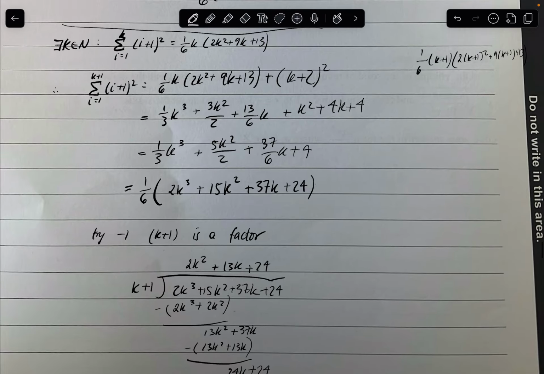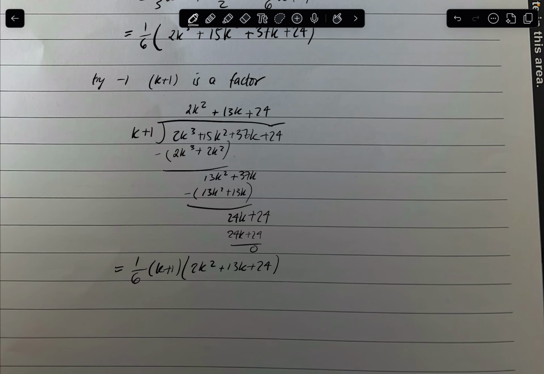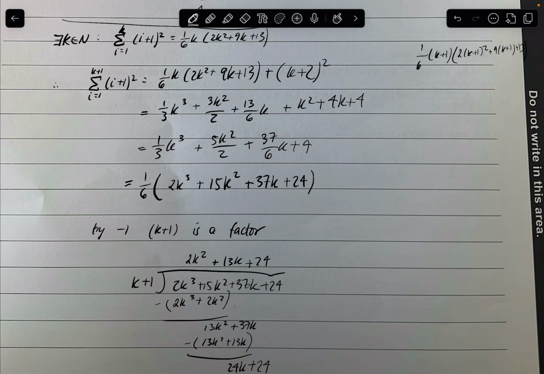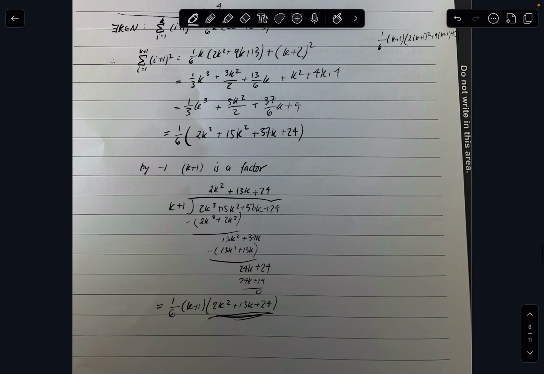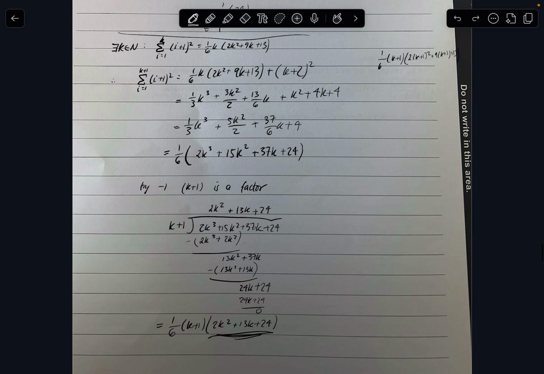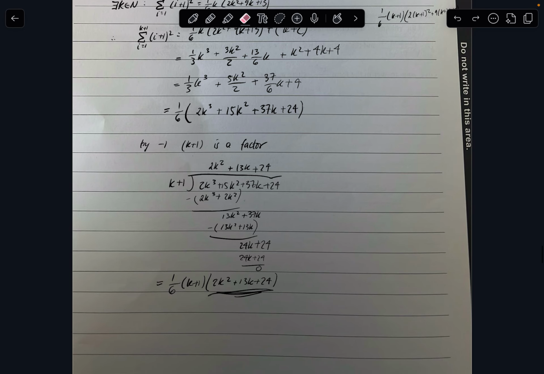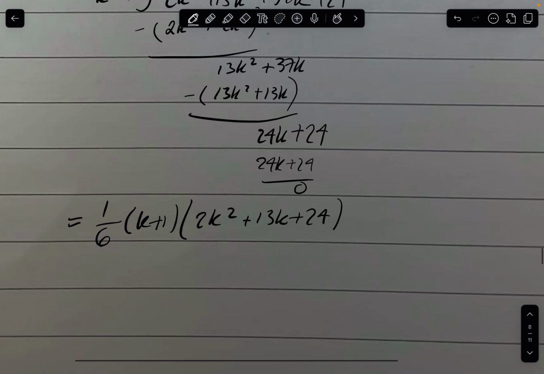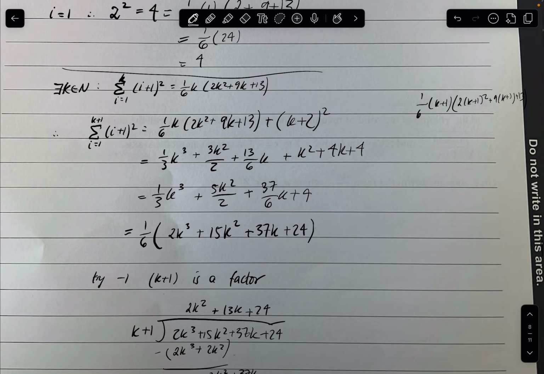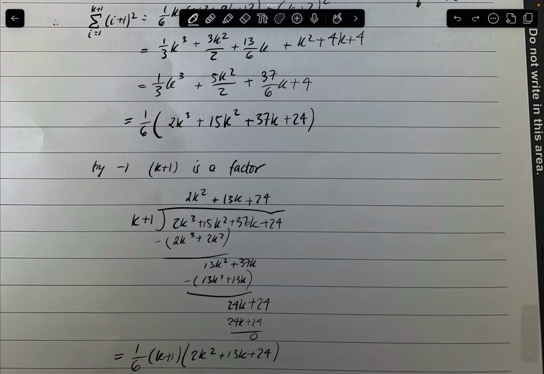Now, we want to show that this is equal to that. So what we can do is, I don't know if you can just expand that and say that it's the same thing.